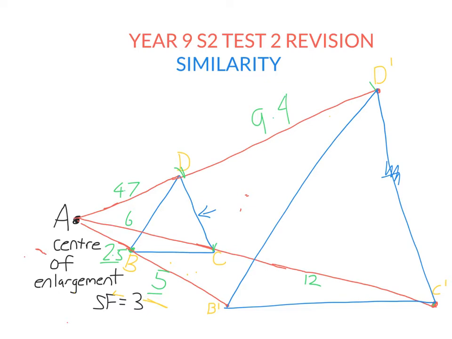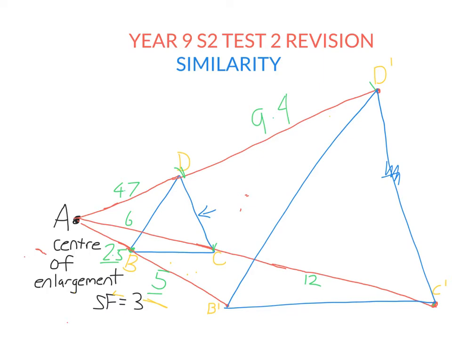So we've created 2 similar triangles here with scale factor 3. The larger triangle is the same shape as the smaller triangle, except its sides are 3 times as large and it has all the same angles. So that's how you use the center of enlargement to create a similar shape. You can create similar triangles, quadrilaterals, or whatever.